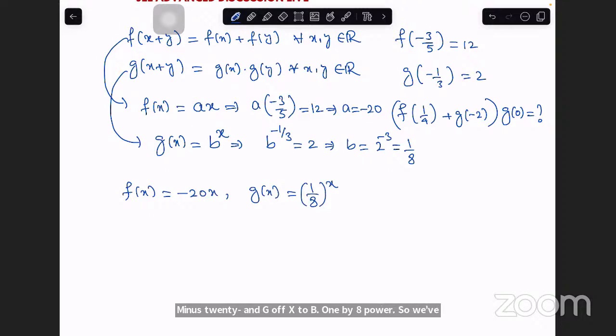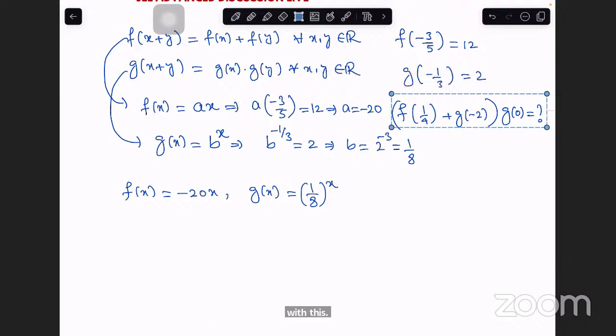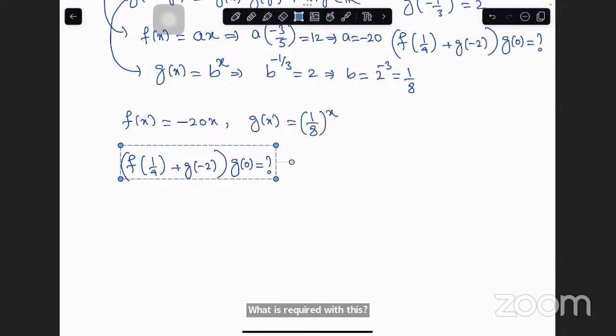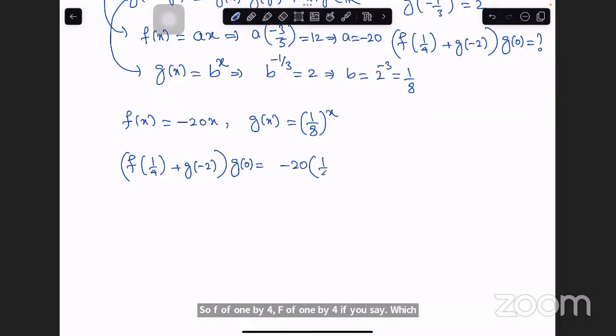Now you can directly go with the value that is required. So f of 1 by 4, which is minus 20 times 1 by 4, plus g of minus 2, that means 1 by 8 power minus 2, whole into g of 0, that means 1 by 8 power 0.